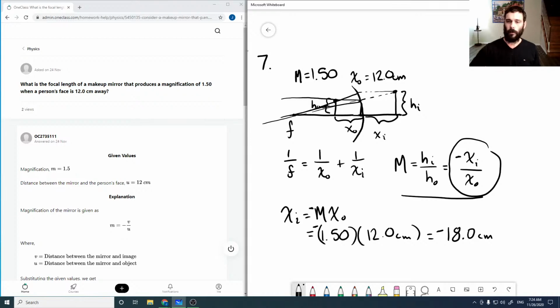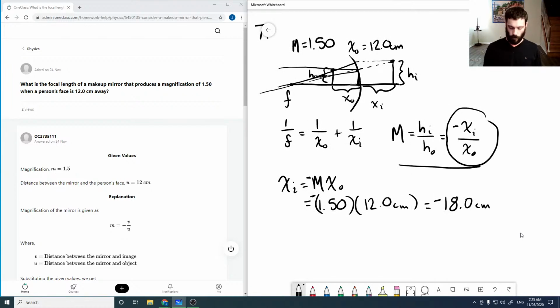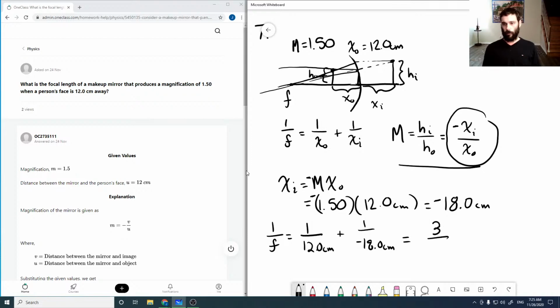And then we can use this value in our focal length expression. So 1 over f is 1 over x for our object, so 12.0 centimeters, plus 1 over minus 18 centimeters, which, giving them the same denominator, is 3 over 36 centimeters.